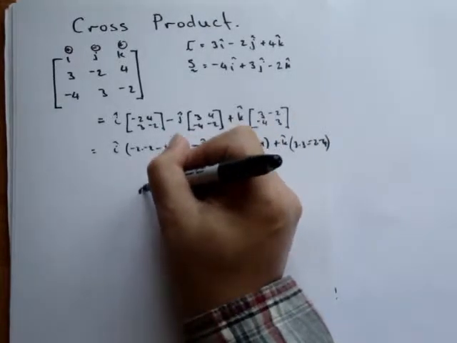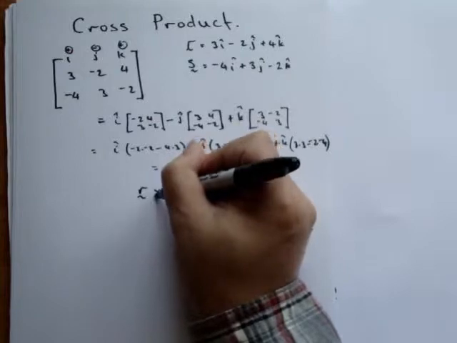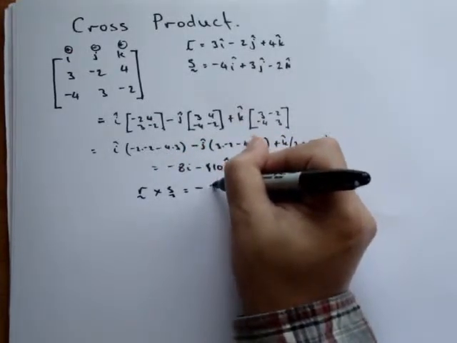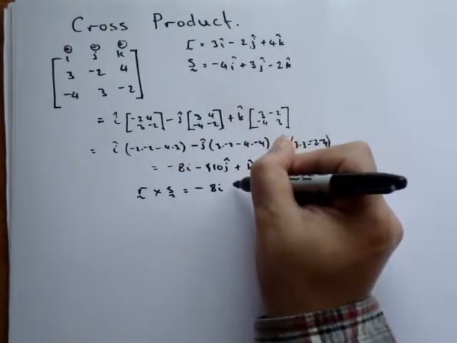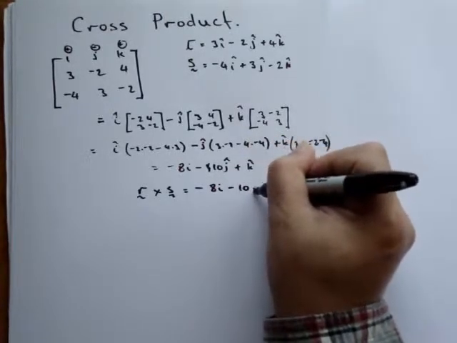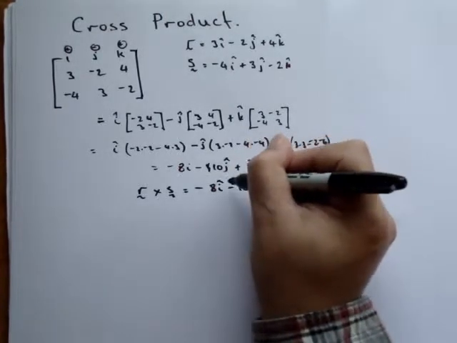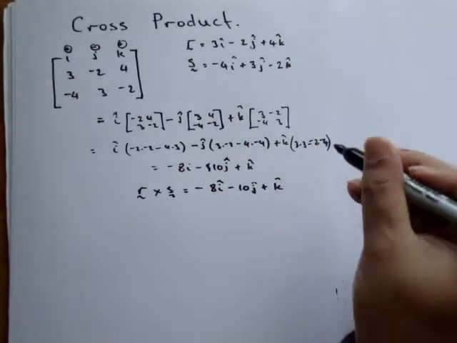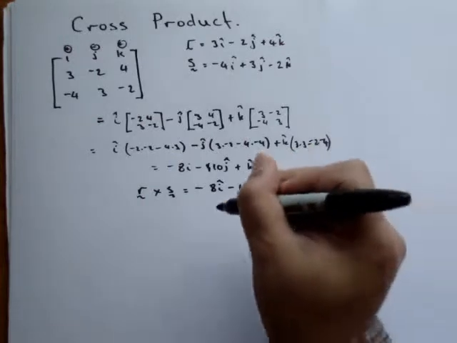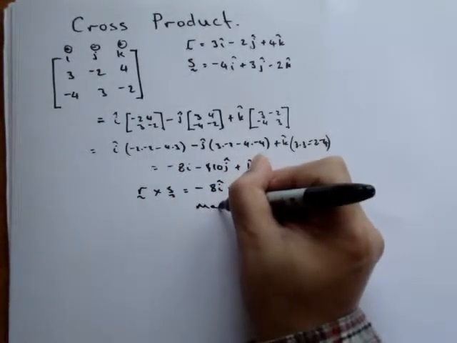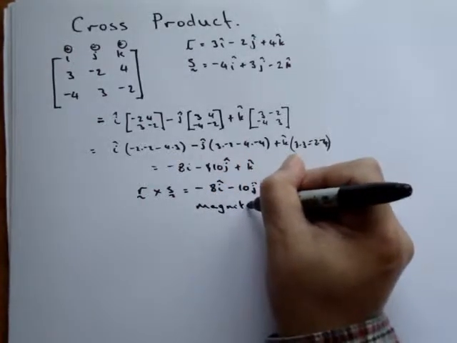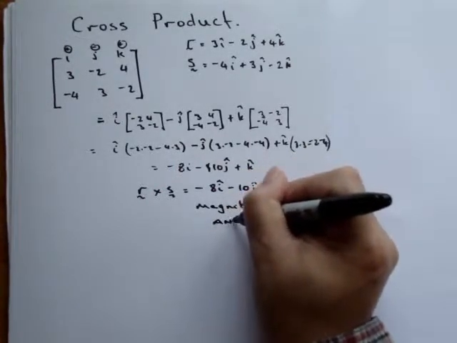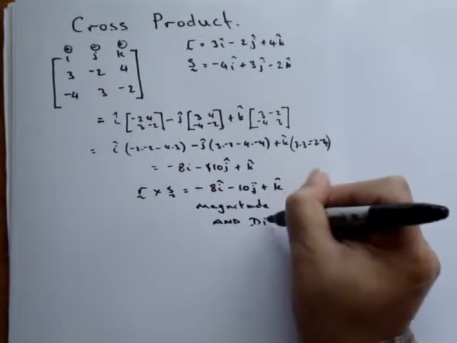So our r cross product with s is minus 8i minus 10j plus k. And remember, the cross product has magnitude and direction.